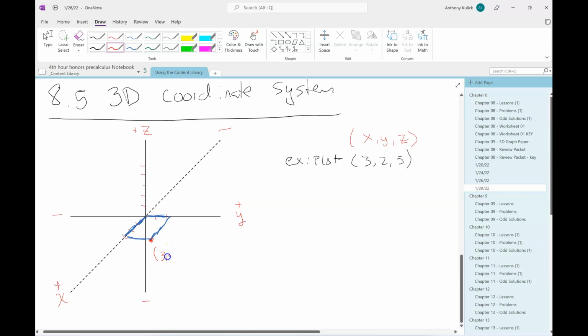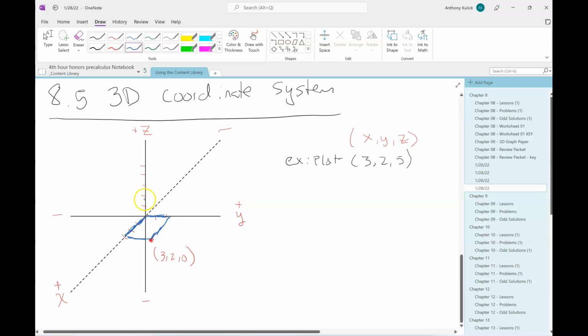This corner here is the corner that I care about, because that's the point 3, 2, 0. I've gone 3 in the x direction, 2 in the y direction, but I haven't gone anywhere up or down on the z-axis. Does that make sense to you guys? Can we see that? So that's the bottom of my box.